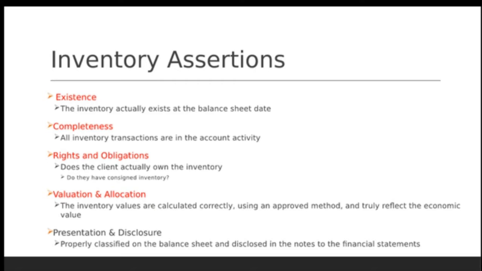And then obviously you want the presentation disclosures related to inventory. Like I said, some of those multinational publicly traded companies will show that they use several different inventory methods depending on which geographical location or which type of business segment they're talking about. So all these things factor into inventory.